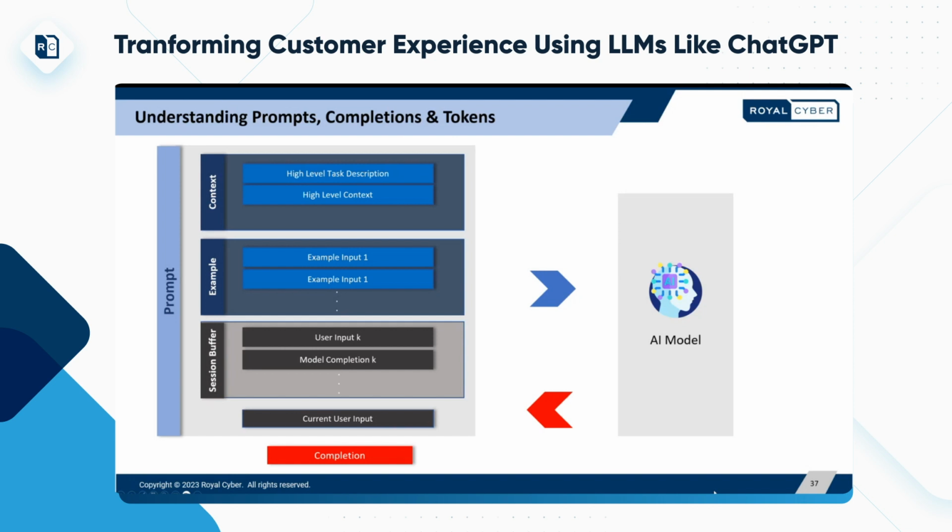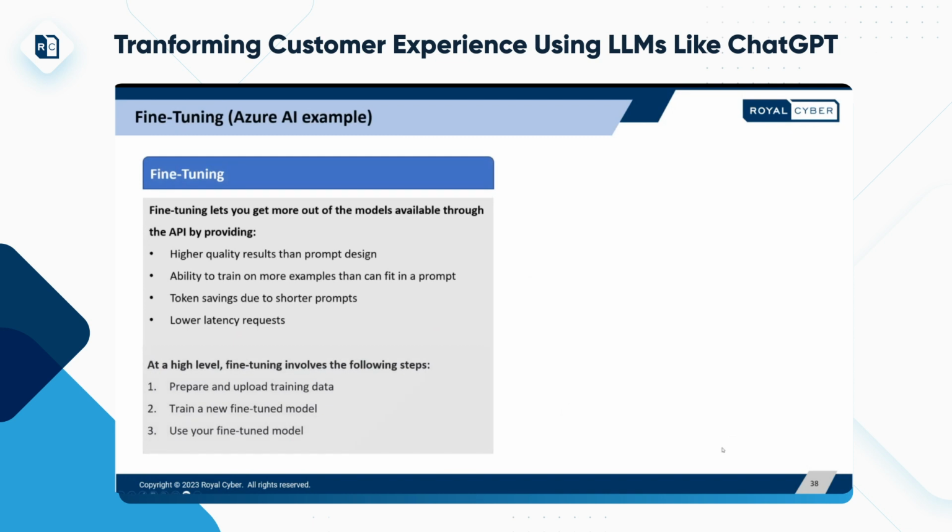Another way to customize the large language models is midstream. By that we mean fine tuning. So fine tuning lets you get more out of the models available through the API by providing higher quality results than prompt design. So remember, prompt design or prompt engineering is at the lowest level.